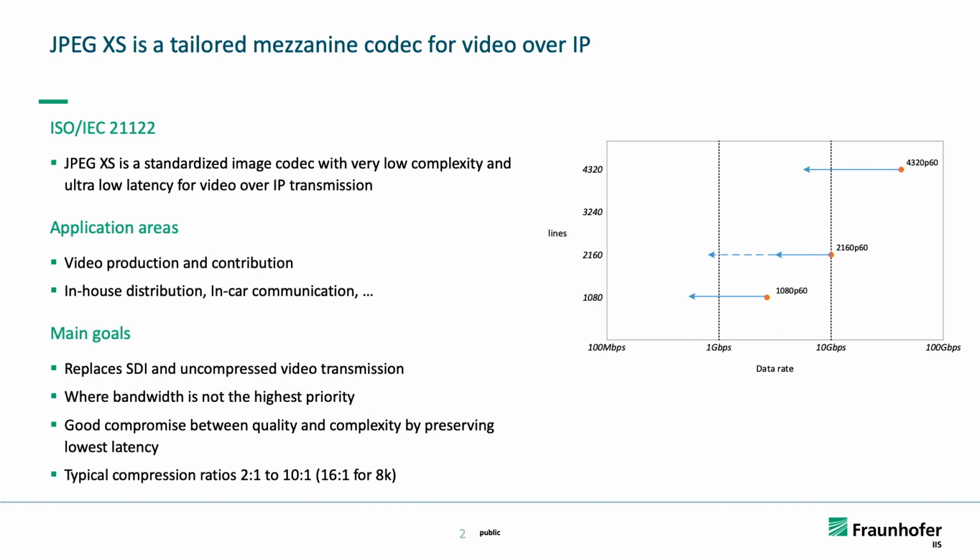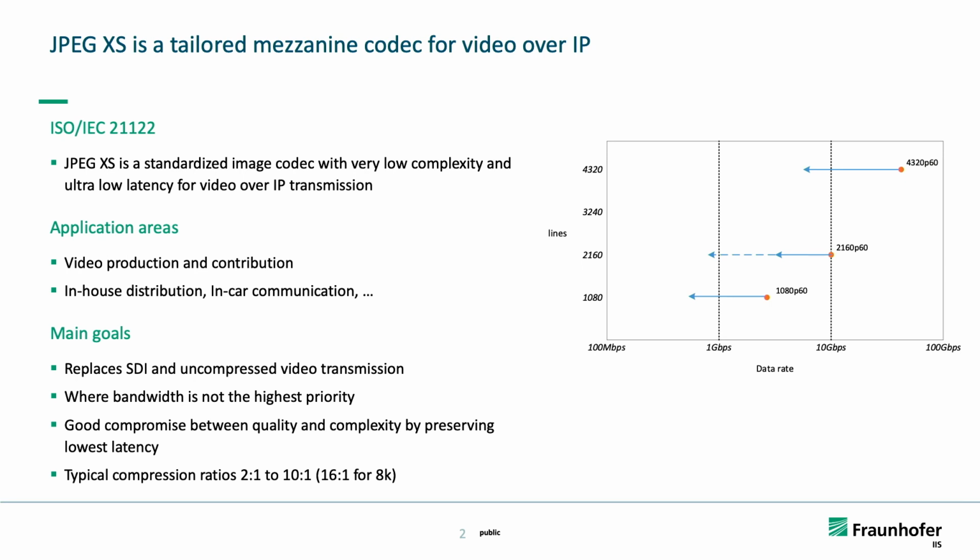So what is the difference? Typically, in a video coding system, you want to improve the coding efficiency as much as possible. But there are some use cases like production, mezzanine coding or contribution where the coding efficiency is not the highest priority.